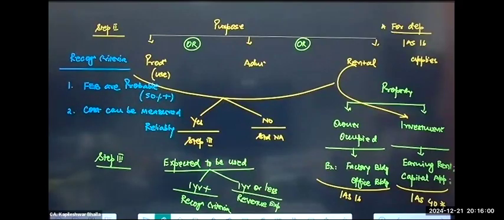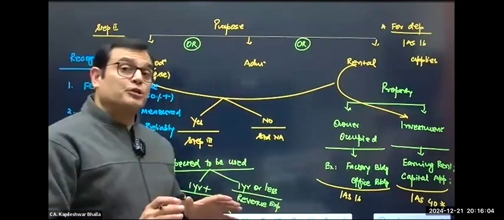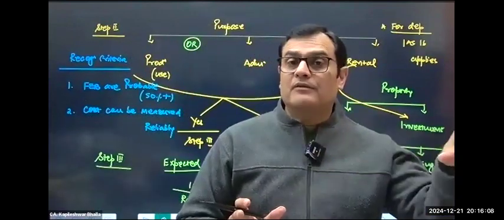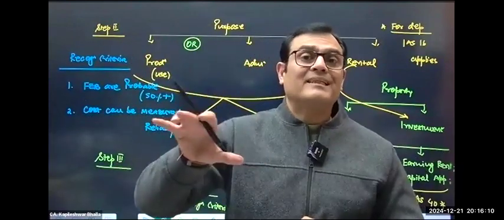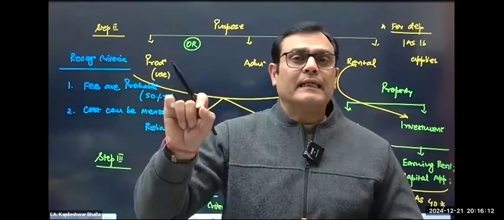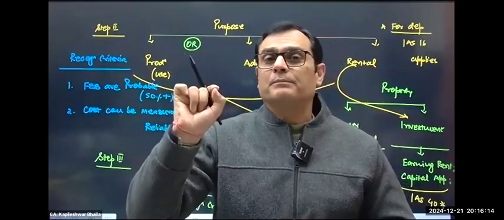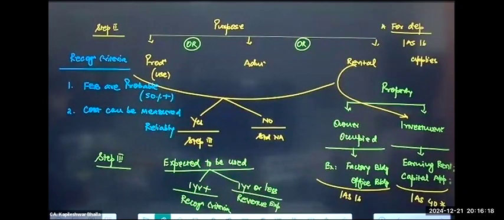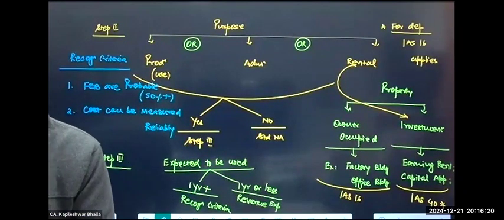Right, so this is my block number 1. It gives us a conceptual understanding of the definition and the recognition criteria. You meet the definition 3 parameters, you meet the recognition 2 parameters, and all the 5 are met. It appears as an asset in the balance sheet of the company. Okay, let me know if you're done. Then let's go to block 2.